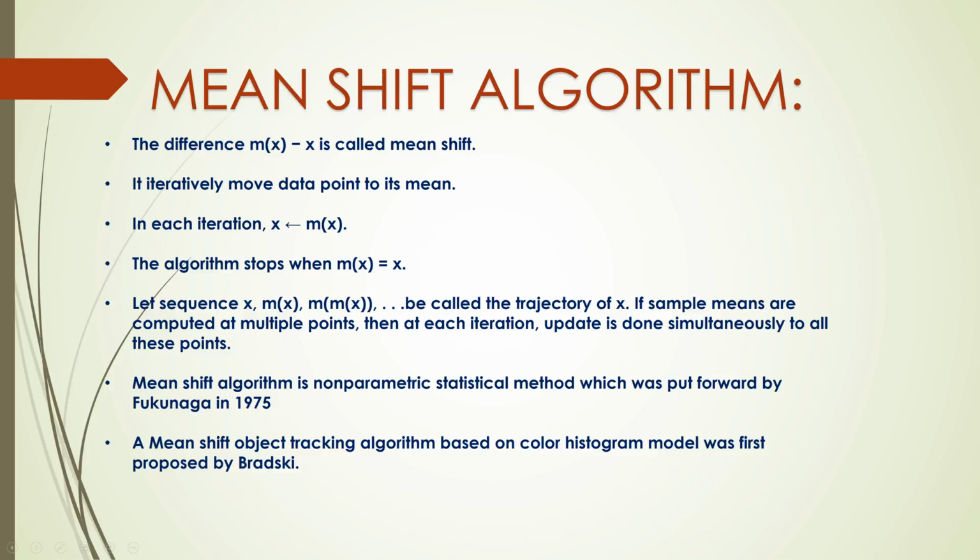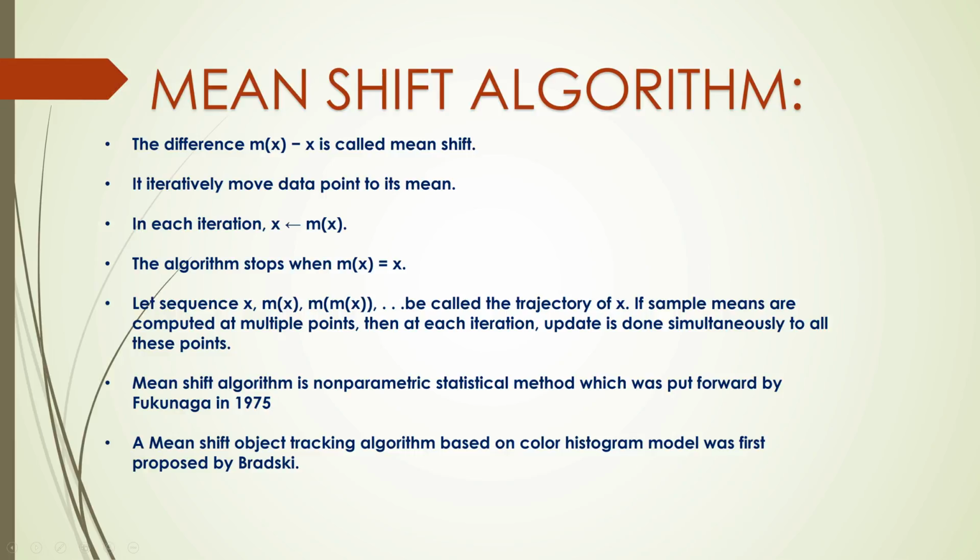If the sample means are computed at multiple points, then at each iteration, the update is done simultaneously to all these points. Mean shift algorithm is a non-parametric statistical method which was put forward by Fukunaga in 1975. And the tracking algorithm based on mean shift, tracking an object based on color histogram model, was first proposed by Bradski.